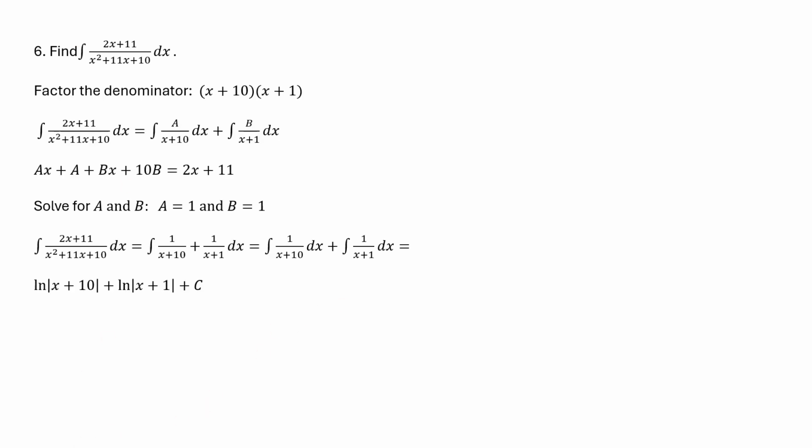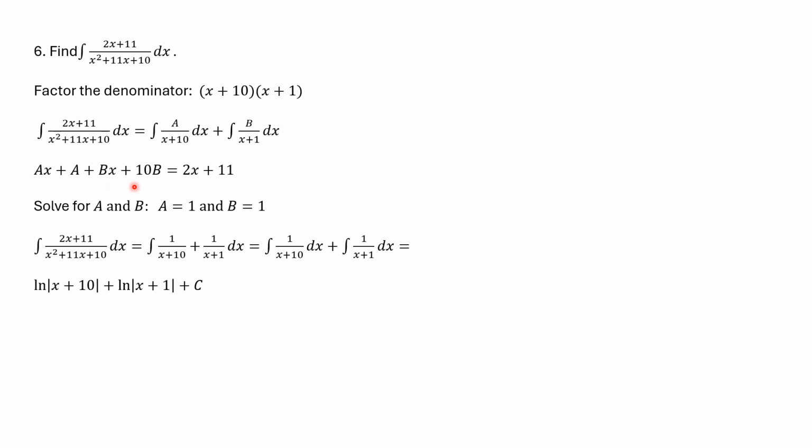Find the integral of 2x plus 11 over x squared plus 11x plus 10. We're going to factor x squared plus 11x plus 10 as x plus 10 times x plus 1. So we're going to have a over x plus 10, b over x plus 1.